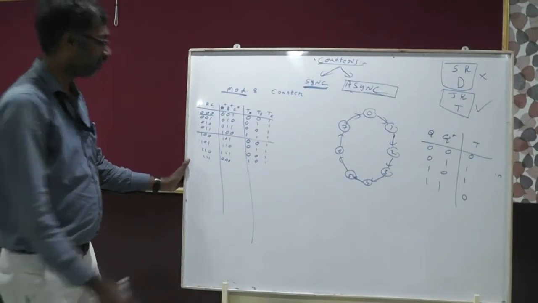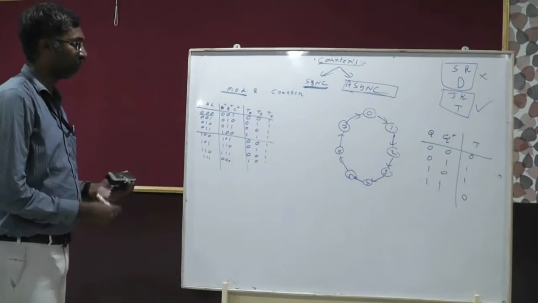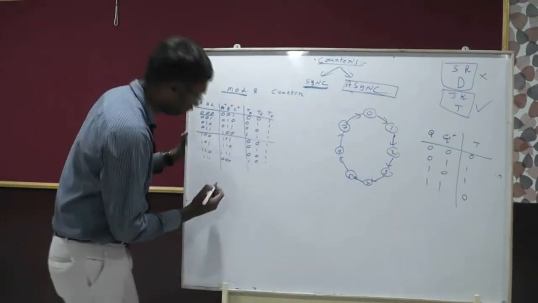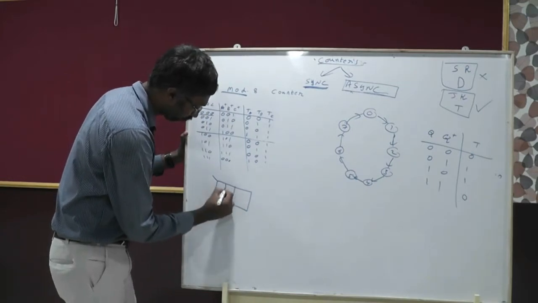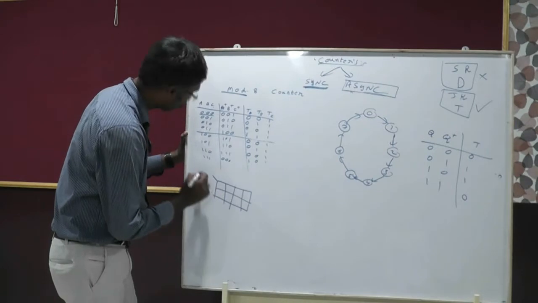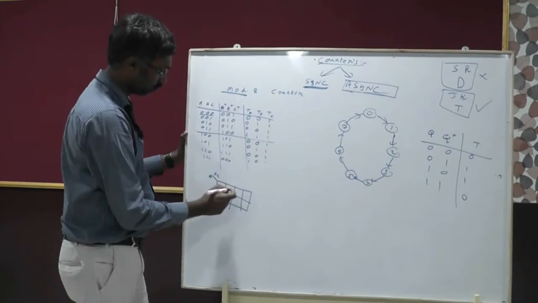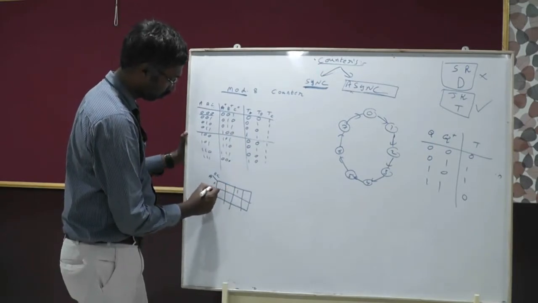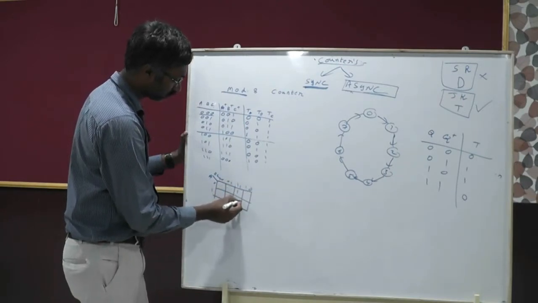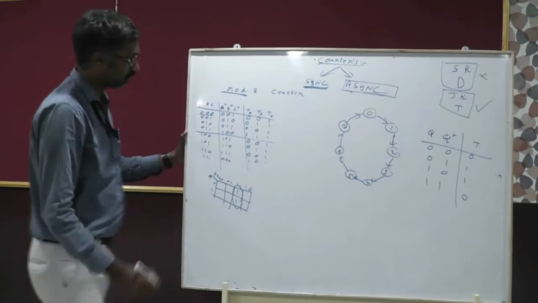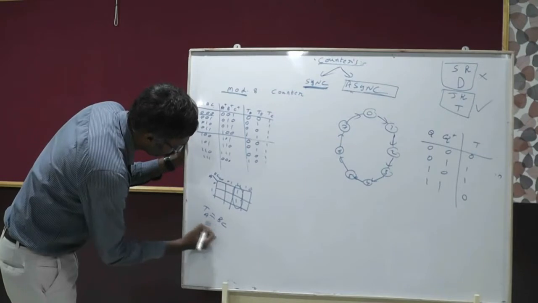Okay, like this way. Now what we need to do is plot the K-map for TA, TB and TC. So 3 variable K-map. Starting from A, the TA value will be BC.